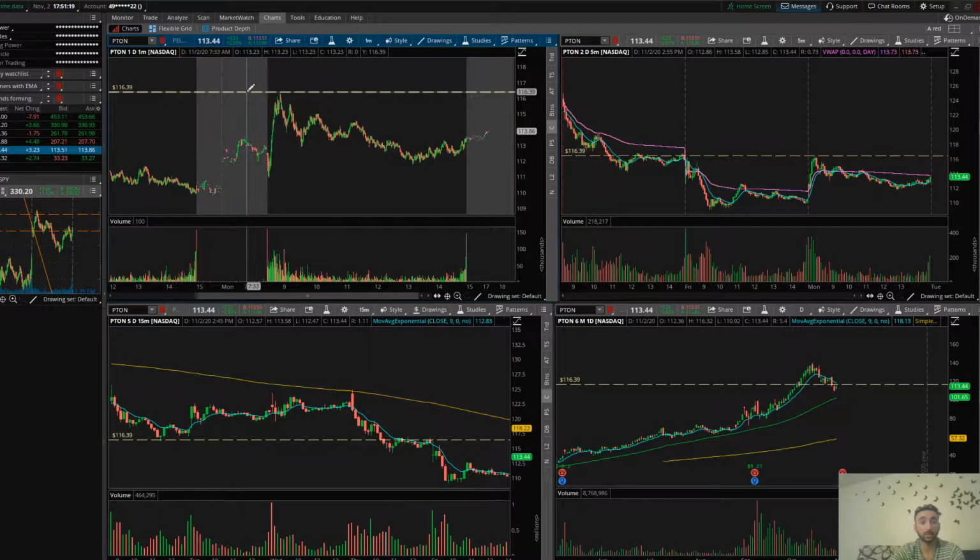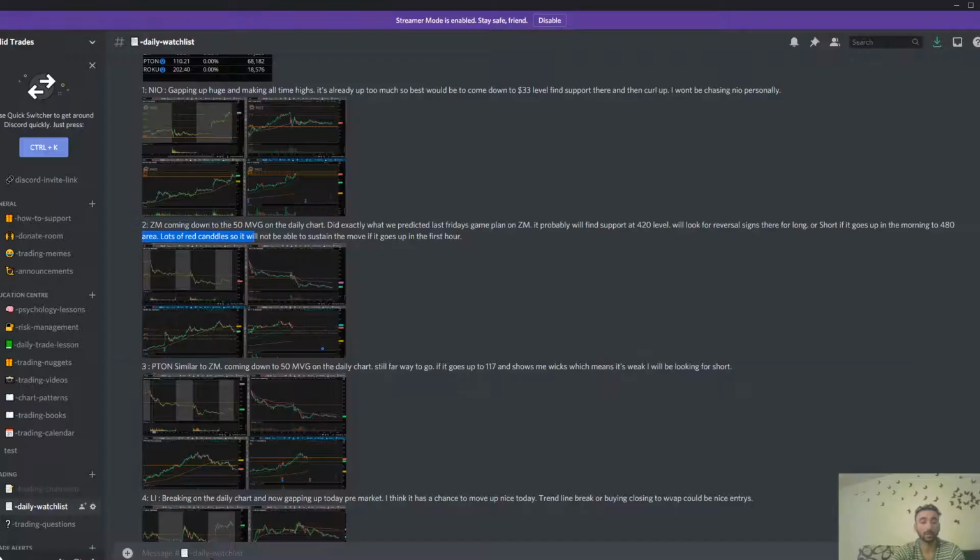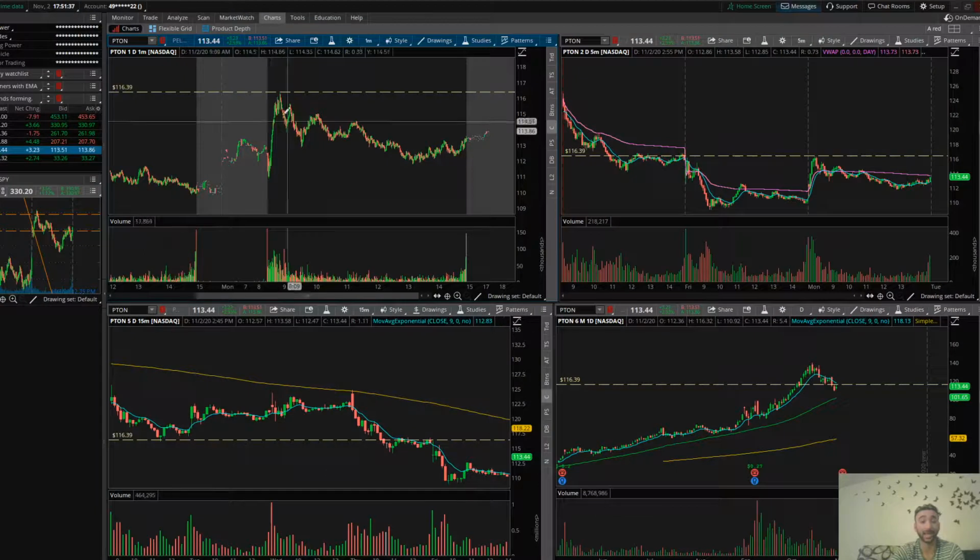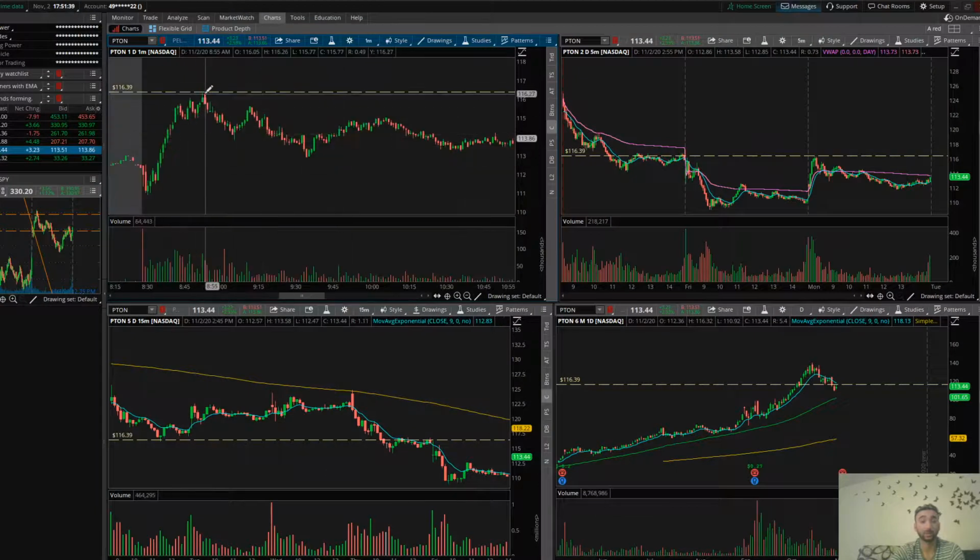And by the way, about this 116, 117 level, right here in the chat, PTON, similar to ZM, coming from a down move, 50 moving average on the daily chart, still far away to go. If it goes up to 117 and shows me wicks, look for a short, guys. I mean, exactly that's what happened. It shows wicks at the 117 level area, look for a short.